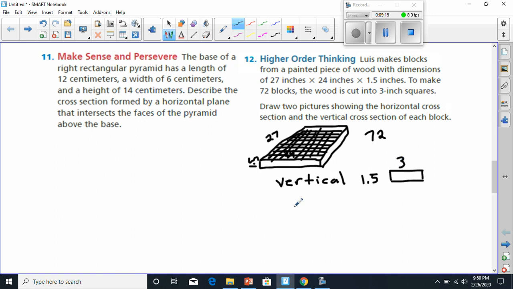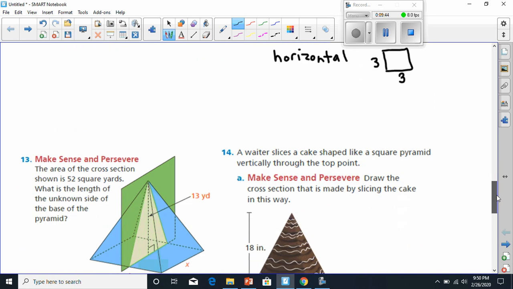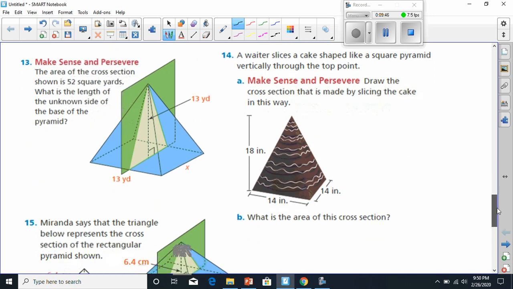Okay, and the horizontal view, well, since we're cutting it 3 by 3, that's going to be a perfect square. There's 3 by 3. And I think I'm ready for number 14 now.